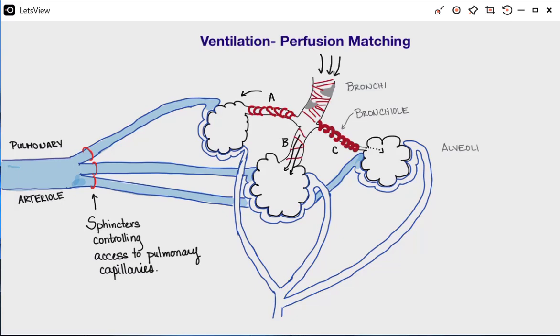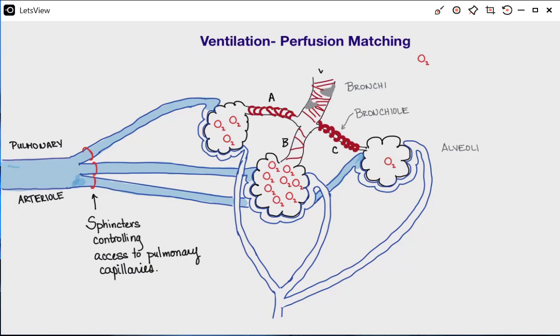C, on the other hand, is likely to have the lowest partial pressure of oxygen of the three alveoli presented. So after inspiration, we might expect the alveoli to look like this. And instead of writing out numbers for the partial pressure, I simply just put in oxygen molecules to denote how much might be there relative to another alveolus.